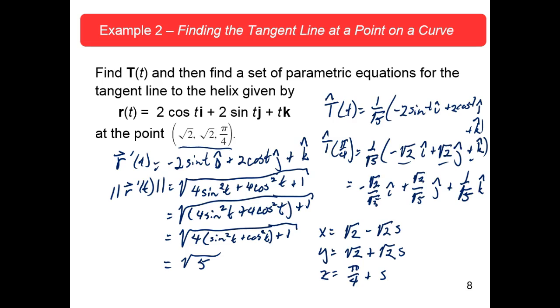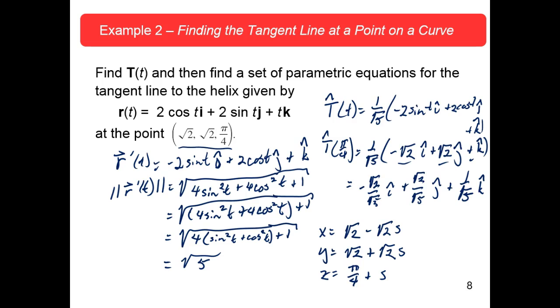Yeah, there you have the parametric equations. x is root 2 minus root 2 s, y is root 2 plus root 2 s, and z is pi fourths plus s. Okay, that's your tangent line.